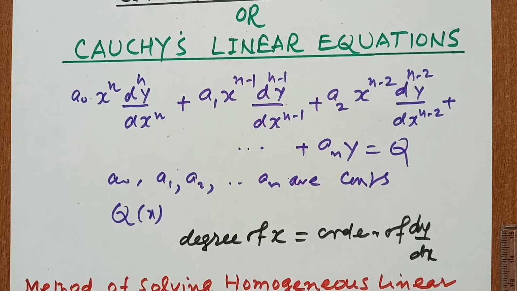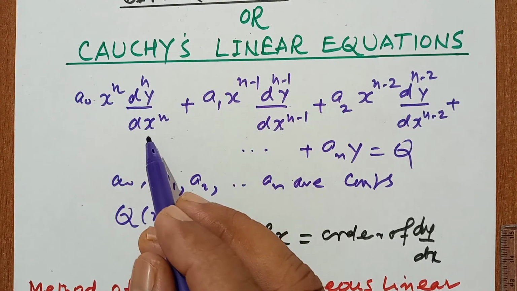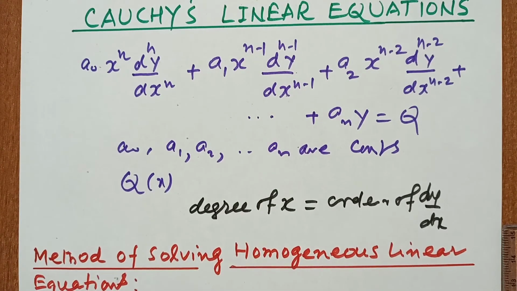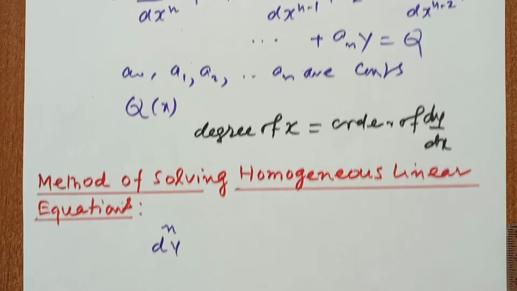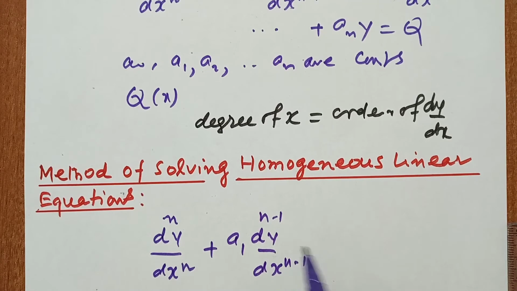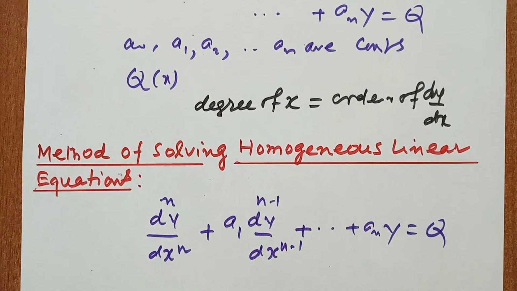It means our aim is to reduce it to d^n y/dx^n + a1 d^(n-1)y/dx^(n-1) + ... + an y = Q. This type of equation we have studied recently.